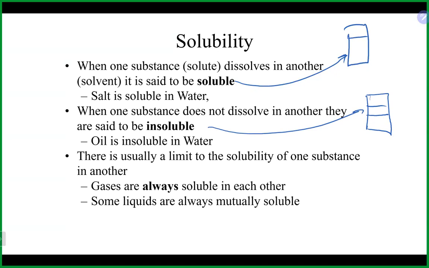So, for example, if you're trying to dissolve a solid in something like water, it is based on temperature, and at a certain temperature, there's only so much that you could get to dissolve in there. So even if something is technically soluble in water, you can't just put a ton of it in, for example.